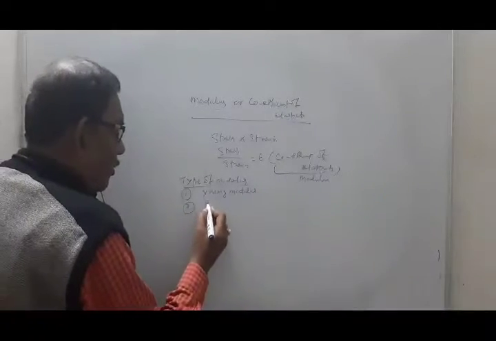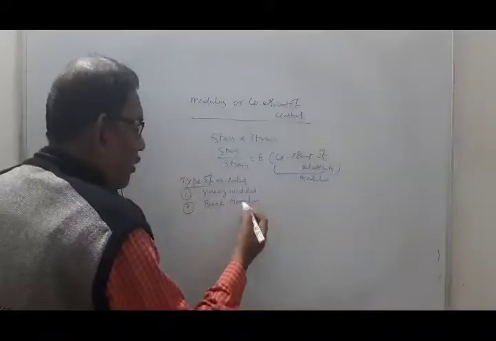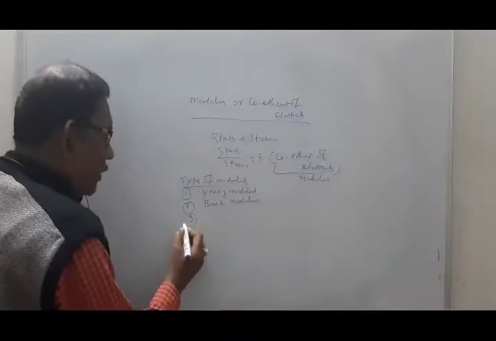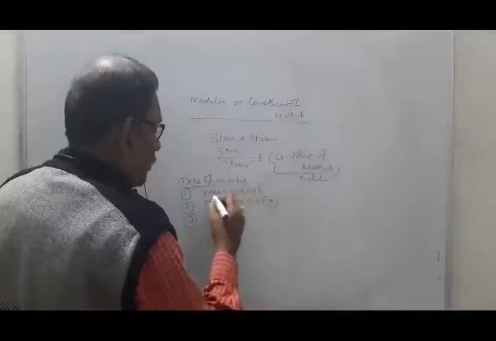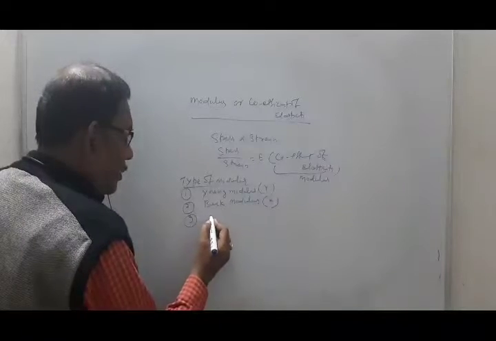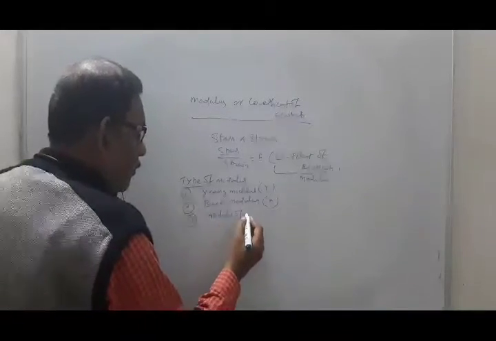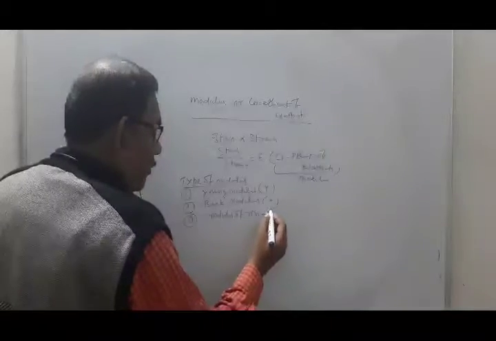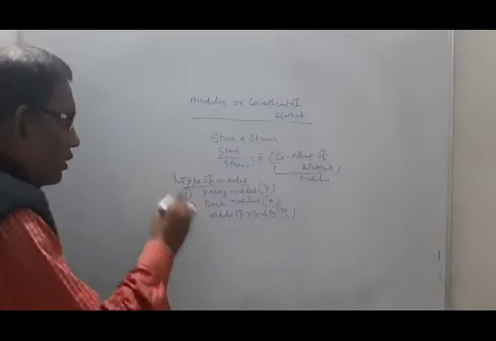Now, bulk modulus, based on volume. And modulus of rigidity, it is eta. The three types of modulus. Now we discuss.